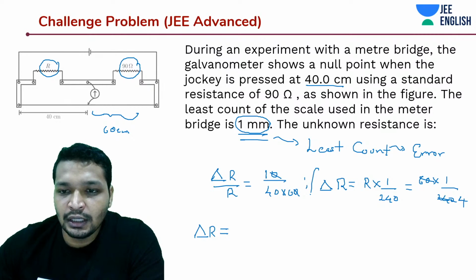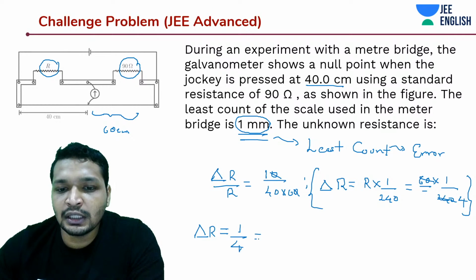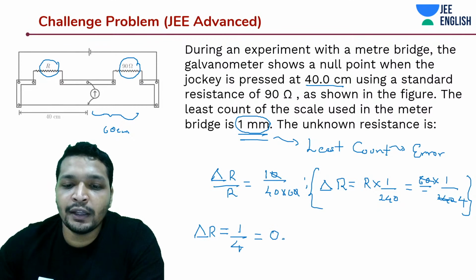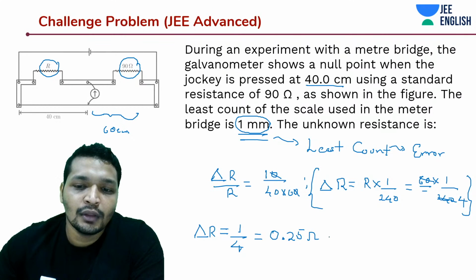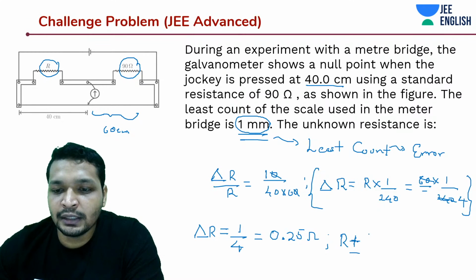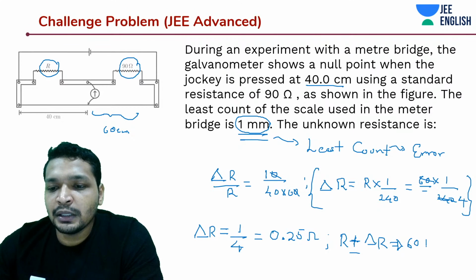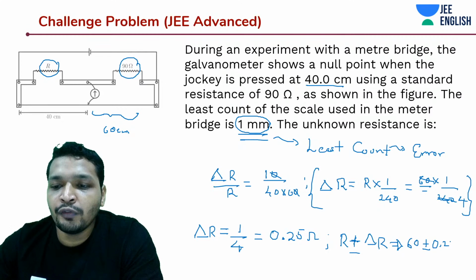We calculated just delta R. Well, we know the value of R is 60. 1 by 4, that means it is nothing but 0.25. Value of R is nothing but R plus or minus delta R. The final answer should be like R plus or minus delta R. That is going to be how much? That is like a 60 plus or minus 0.25.